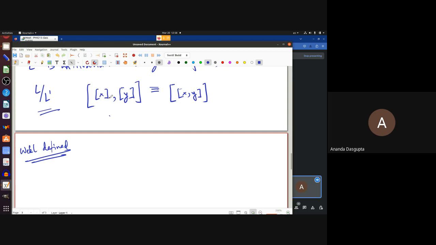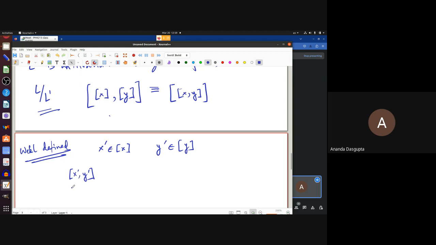Why? Because we're saying to find the Lie bracket of these two equivalence classes, you take an element X from the first one, take Y from the second one, find the Lie bracket and find the equivalence class of that. But of course, what you could do is take an X prime, which belongs to X, not X, some other element, Y prime, which belongs to Y, again not Y, some other element, and take the bracket of X prime, Y prime, and form its equivalence class.